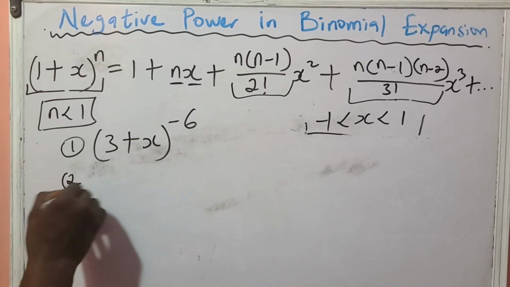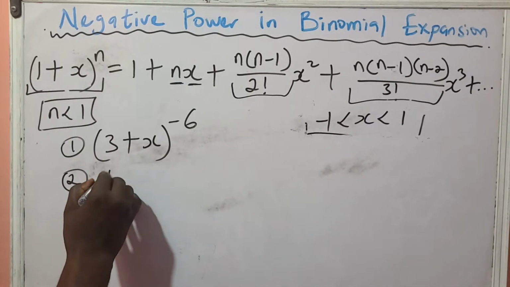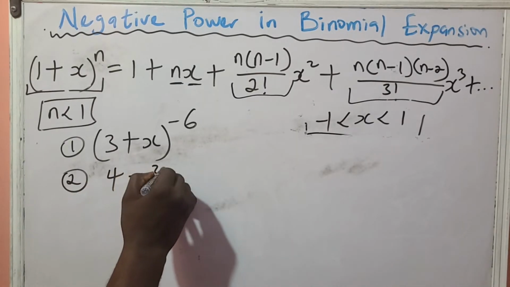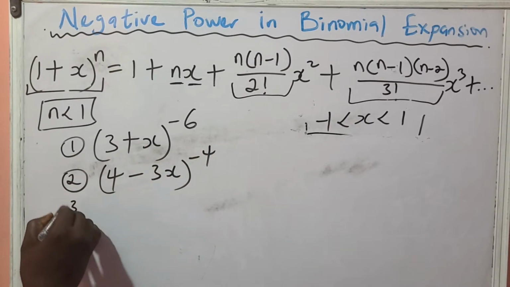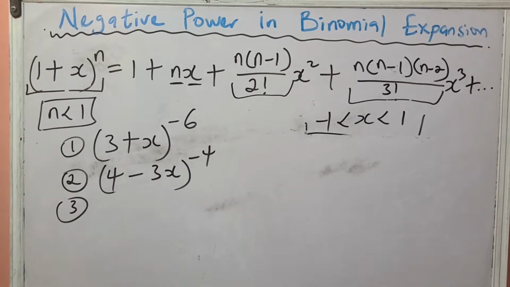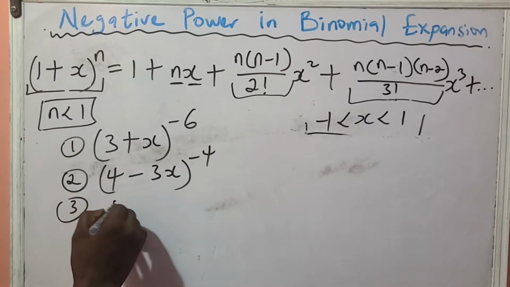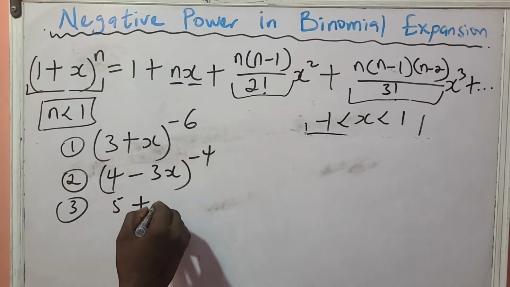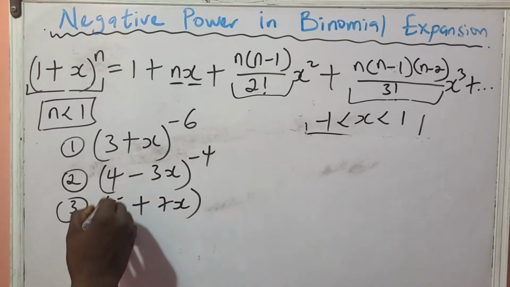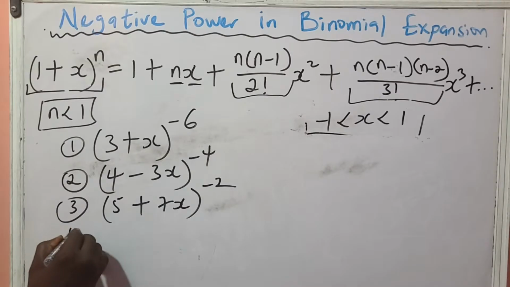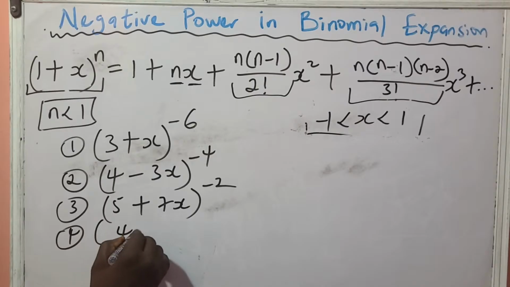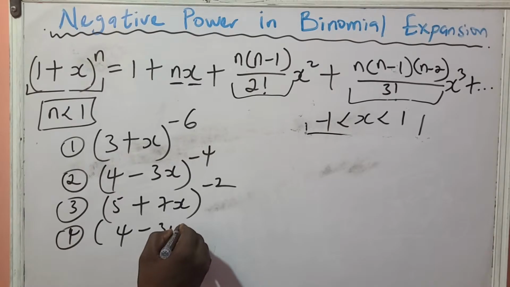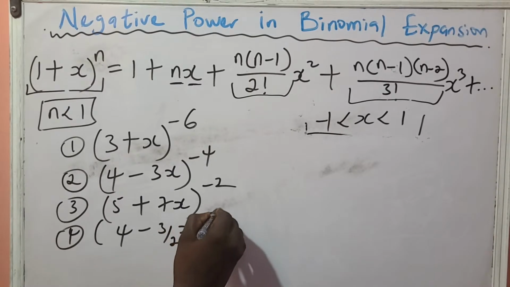Number 2, let's have 4 minus 3x raised to the power minus 4. And let's have the third as 5 plus 7x raised to the power minus 2. And the fourth as 4 minus 3 over 2x raised to the power minus 3.